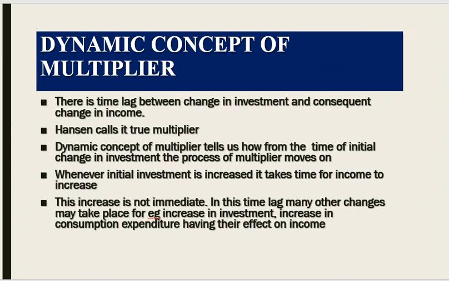Whenever initial investment is increased, it takes time for income to increase. So the increase is not immediate. An immediate change in income is not possible because there is a gap. In this time, many other changes may take place, for example, an increase in investment, an increase in consumption expenditure, etc. They will have their effect on income.